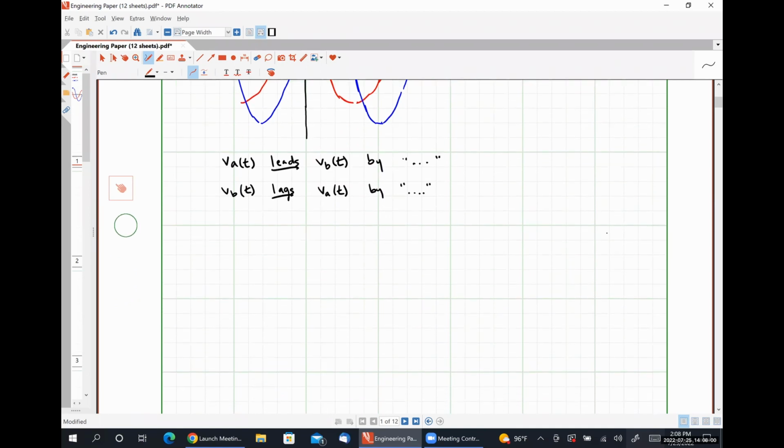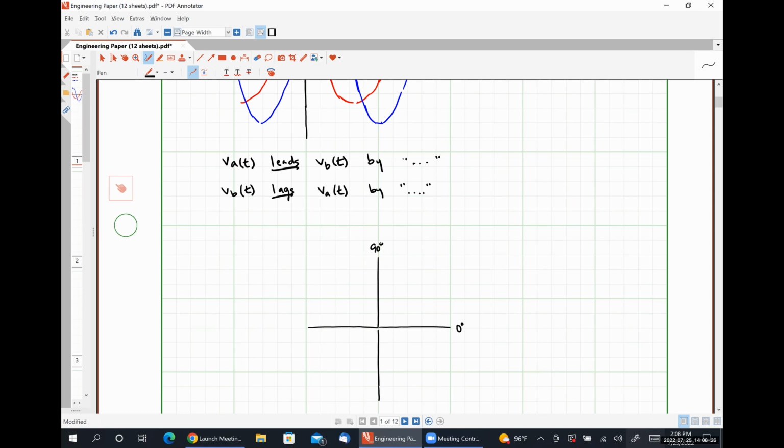So a phase diagram is simply a snapshot of a sinusoidal signal in time. And we typically use t is equal to 0 as our basis here. So in our phase diagram, the positive horizontal axis corresponds to 0 degrees.